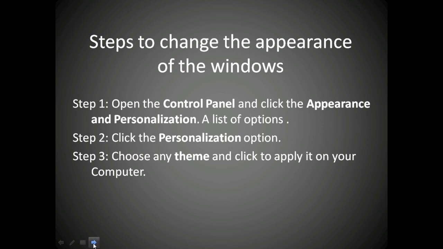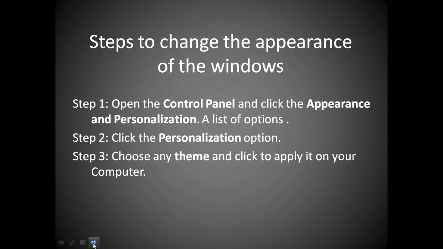When you click this, you get a list of options. So many options are available. From there you have to click the personalization option. Once you click that, themes are available. Themes means predefined design with predefined text style.